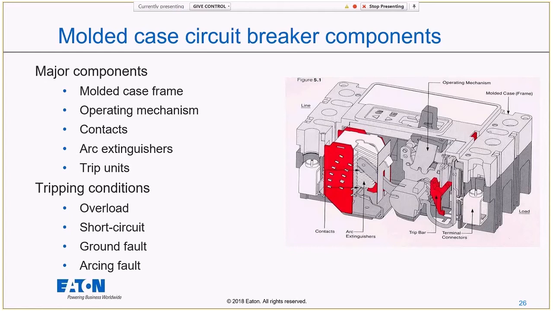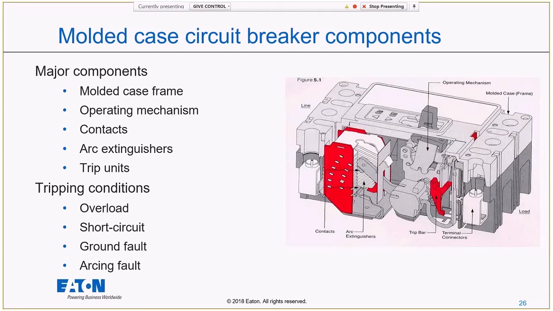What those arc extinguishers do is help me to lengthen and cool the arc. They allow molded case circuit breakers to be a lot smaller than they would have to be otherwise, because most of the time to cool an arc, we separate the contacts, right? We need to separate those contacts really far. But if I have 65,000 amps at 480 volts, the distance I would have to separate those contacts by would be really, really far in order to get it cool enough to extinguish.